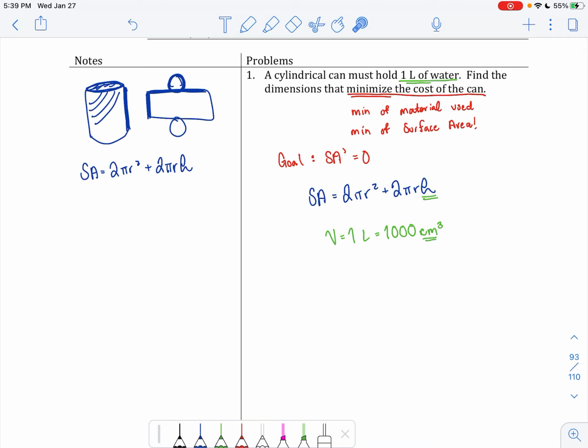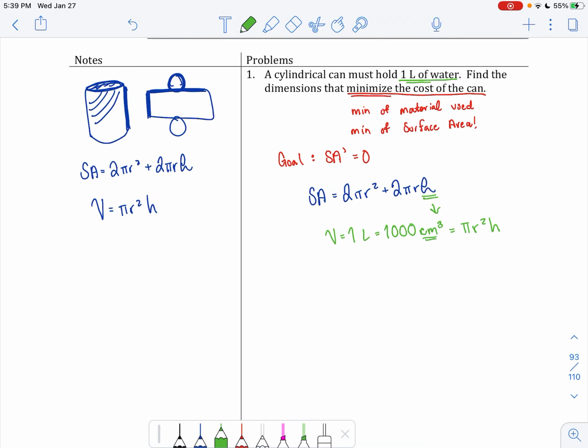I can't measure radius and height in liters. So we want to convert that into a unit that makes sense for the problem. And then we'll remember that the volume of our cylinder is pi r squared for the base times height. So pi r squared h. We want to replace h, get rid of it, so that we have fewer variables. So divide by pi r squared.